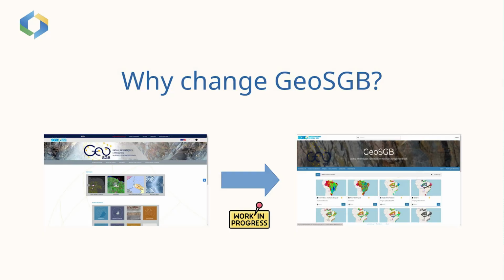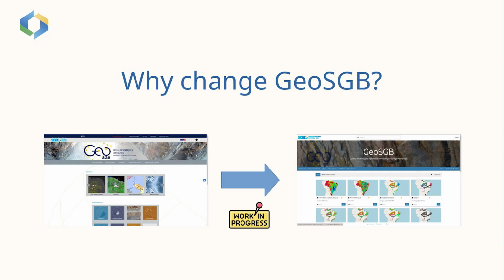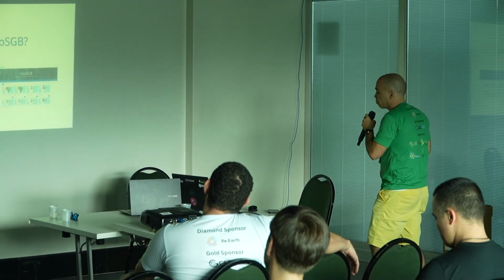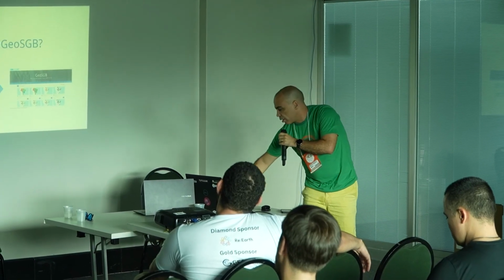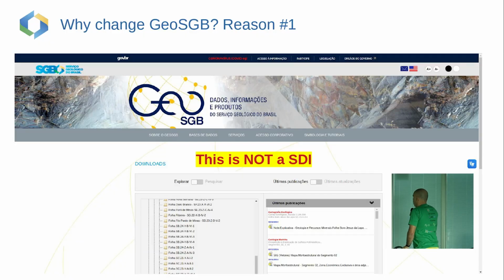But the main question is, why change GeoSGB? The main website is geosgb.sgb.gov.br. What's the difference between the website on the left and the one on the right? This is our work in our company. Reason number one: this current website is not an SDI, a spatial data infrastructure.